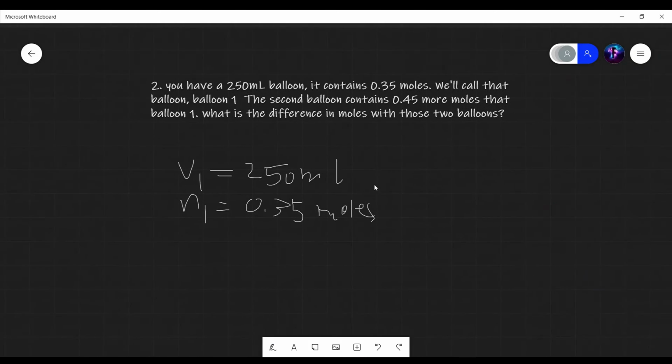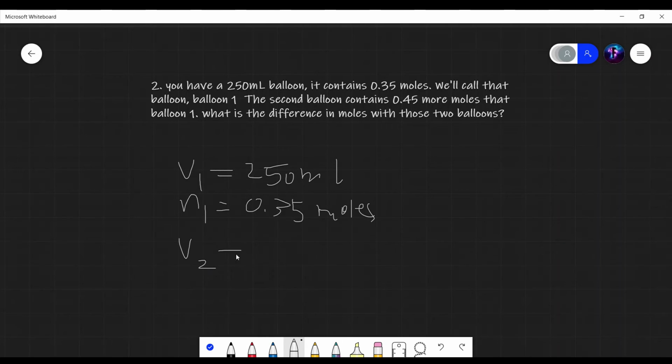Okay, but we're going to find V2, which is still undefined, and N2, we need to do some math for this one. Right here it says the second balloon contains 0.45 more moles than Balloon 1.